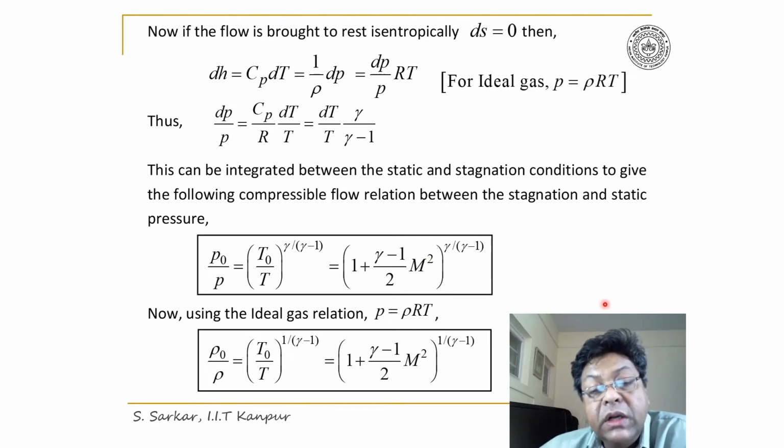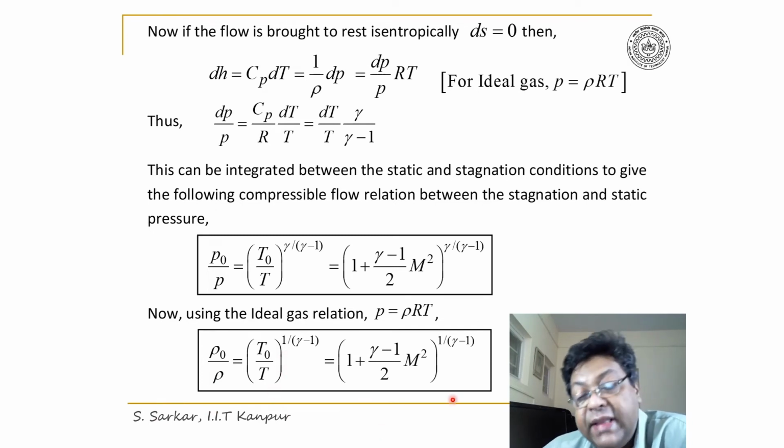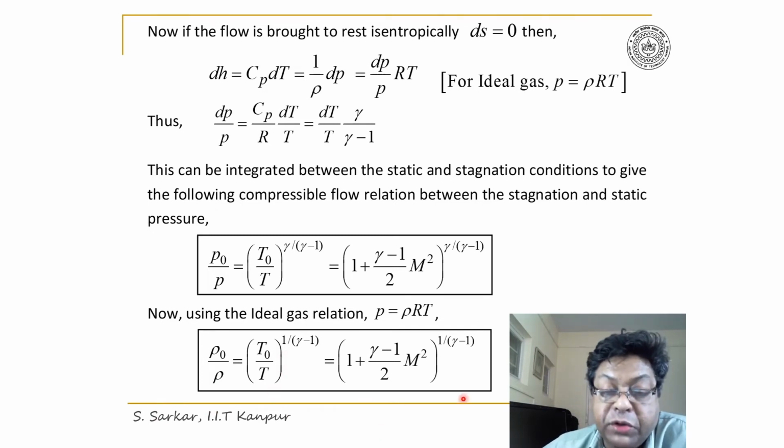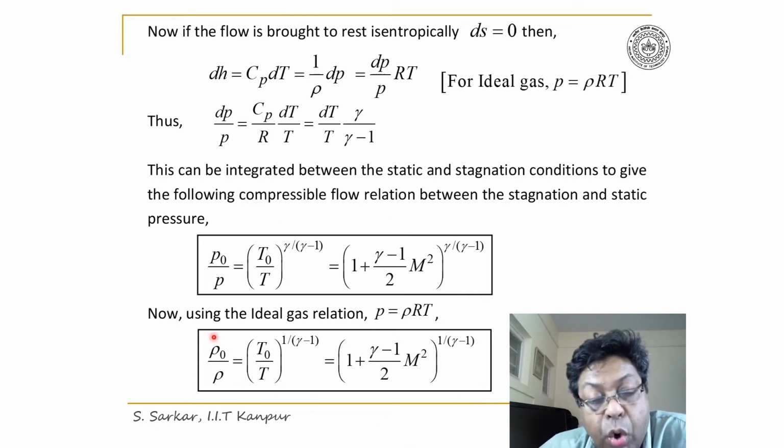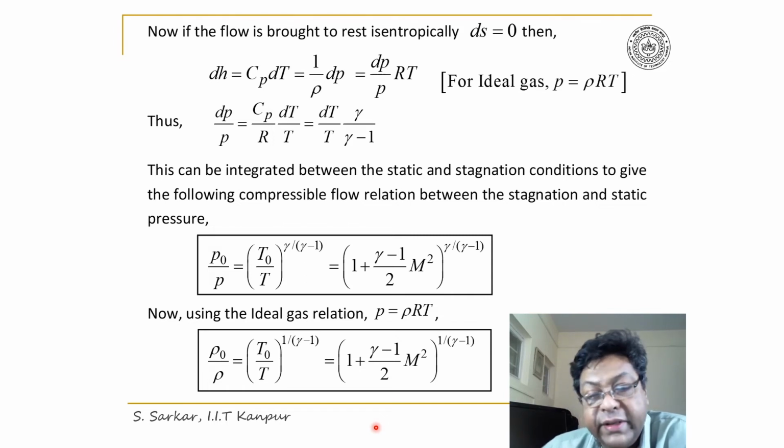Now using the ideal gas relation, I can correlate rho 0 by rho with respect to T0 by T, and thus with respect to Mach number. So I can write rho 0 by rho is equal to 1 plus (gamma minus 1) by 2 M squared to the power 1 by gamma minus 1. This is a very important relation which will be used in turbomachinery dealing with compressible flow.